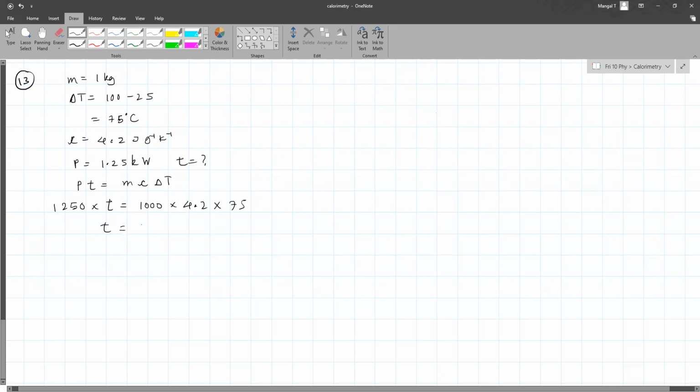So therefore we get 1000 multiplied by 4.2 and 75 over 1250. So 25 5s are 25 4s. So you get 4 into 42 into 75 and this will be 50.